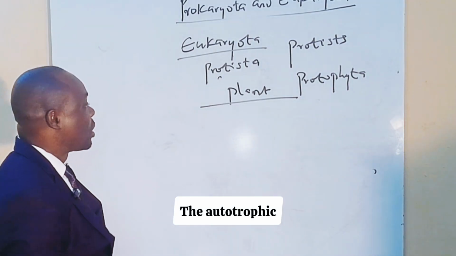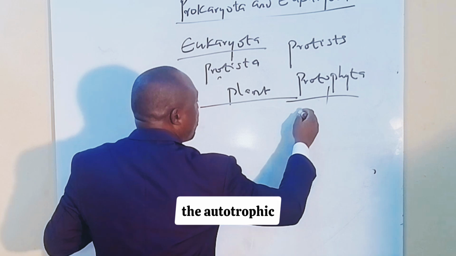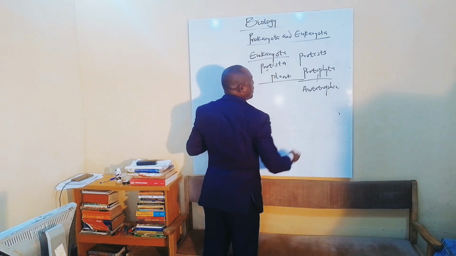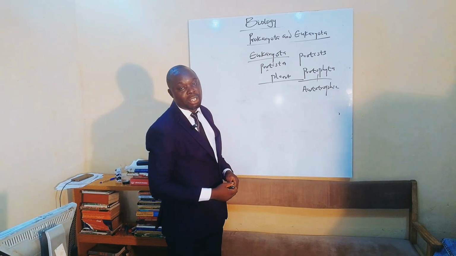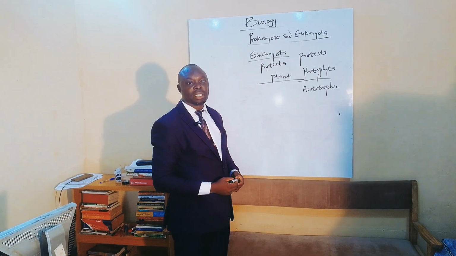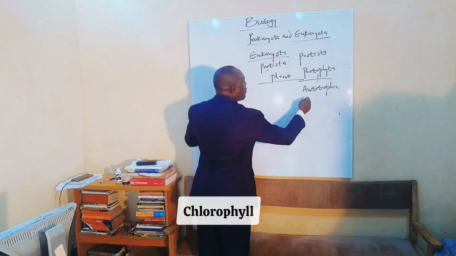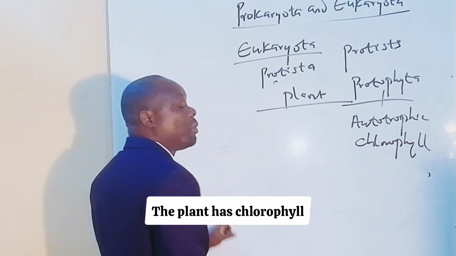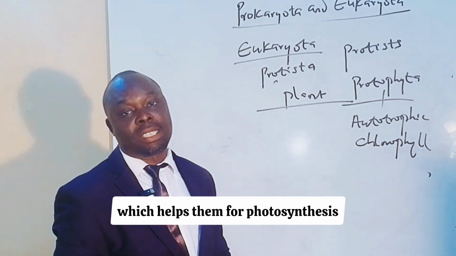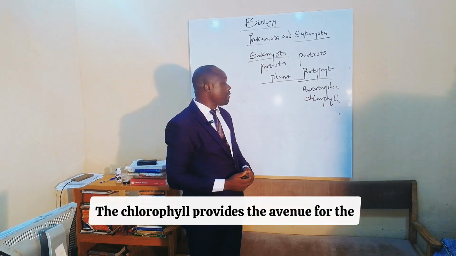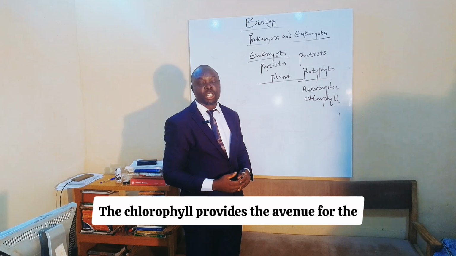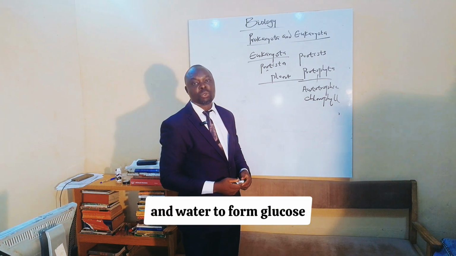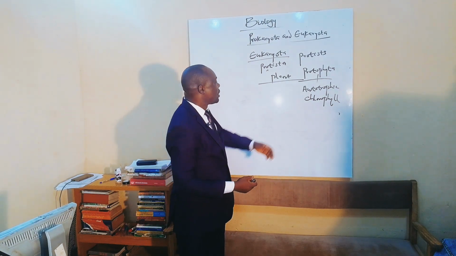They are autotrophic in their mode of nutrition because they contain the green pigment chlorophyll, just like the plant. The plant has chlorophyll which helps them for photosynthesis. The chlorophyll provides the avenue for the combination of carbon dioxide and water to form glucose.